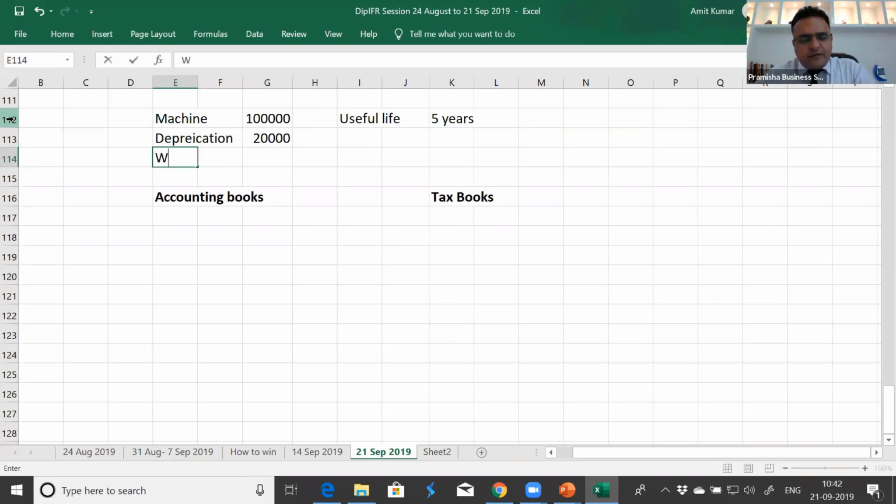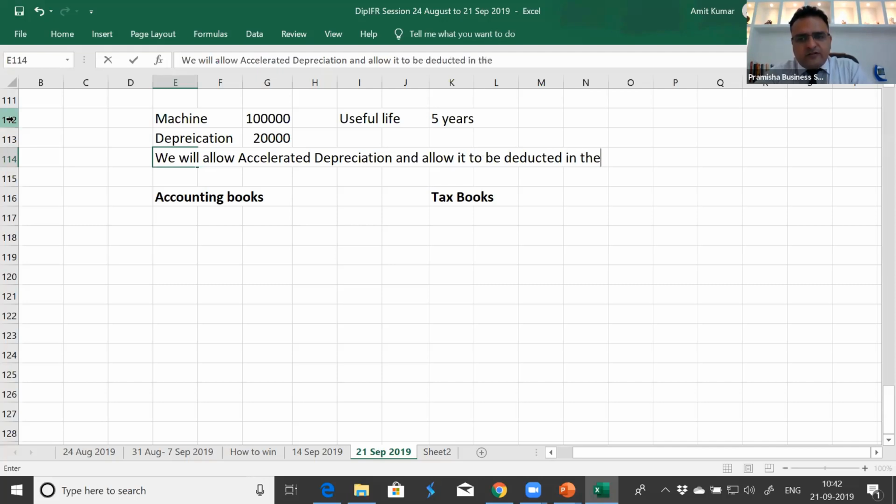The government says that we will allow accelerated depreciation and allow it to be deducted in the first 2 years.